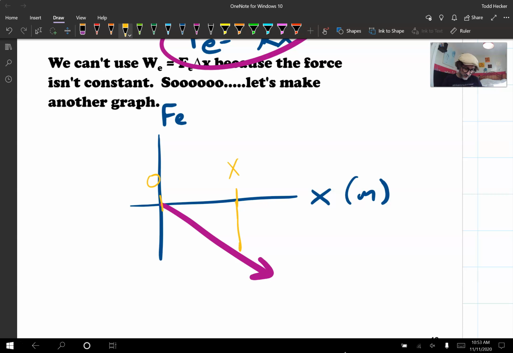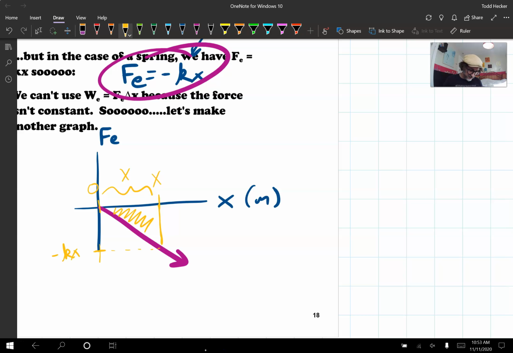So this is a triangle, so my base is just going to be x. Now, if F is negative kx, then that means this is going to be negative k times x, right? So this area here is, let's see, 1/2 times base times height, which gives me negative 1/2 kx squared.